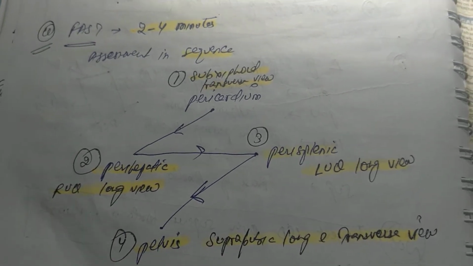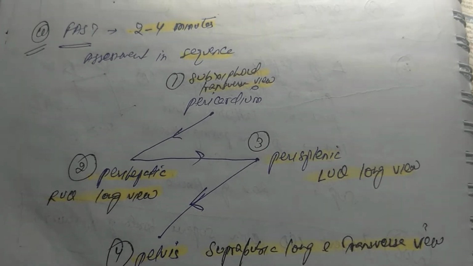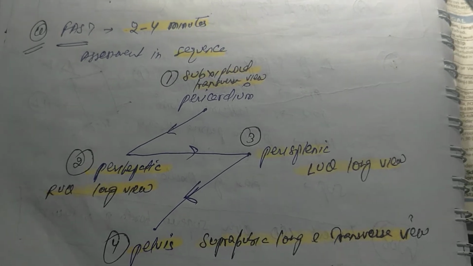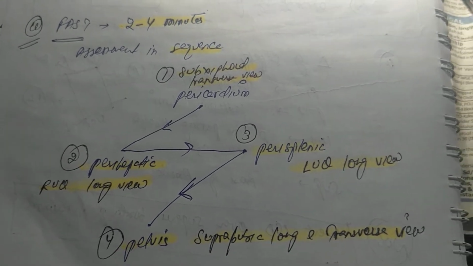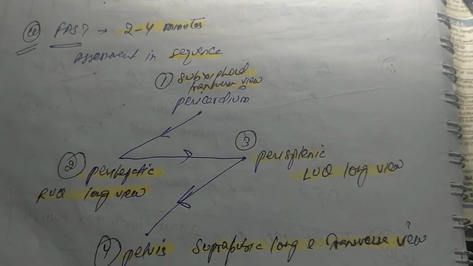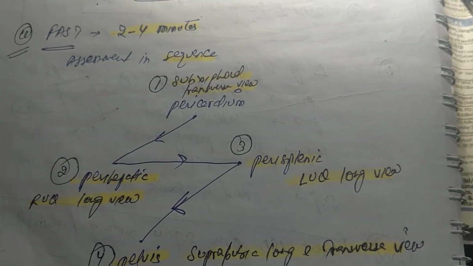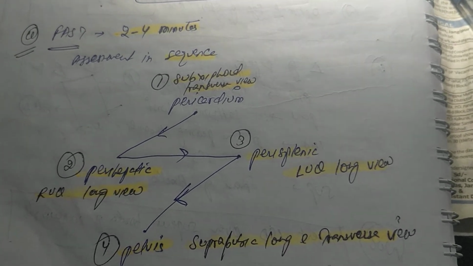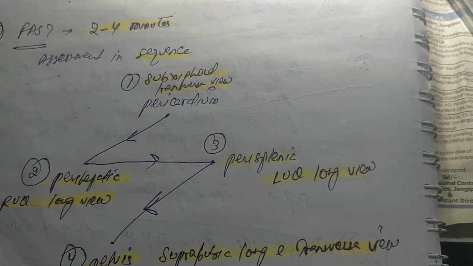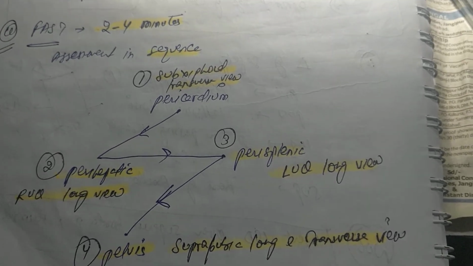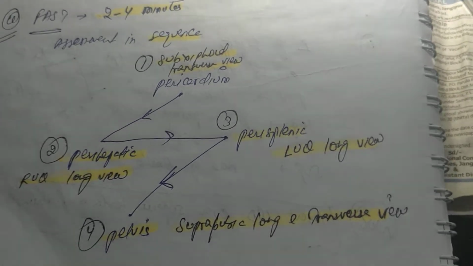In case of the pelvis, you have to go for the suprapubic longitudinal and transverse views. So this question has been asked: how many views will you do in case of the pelvis? When you check the pelvis, you have to check 2 views: the suprapubic longitudinal and the transverse view.